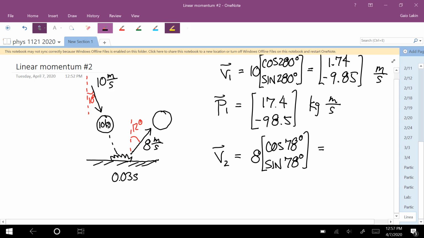And so that velocity coming off the floor is positive 1.66, 7.83.